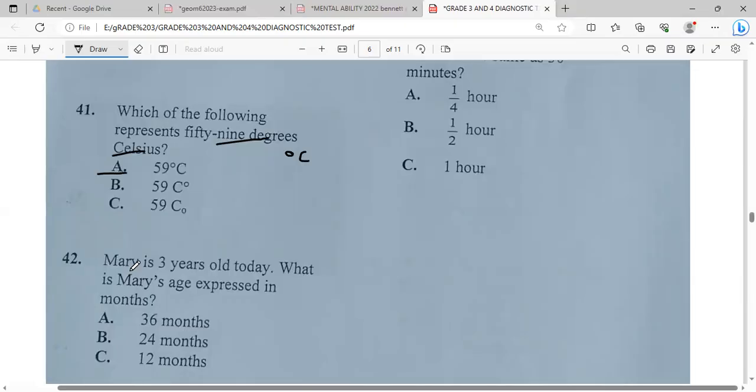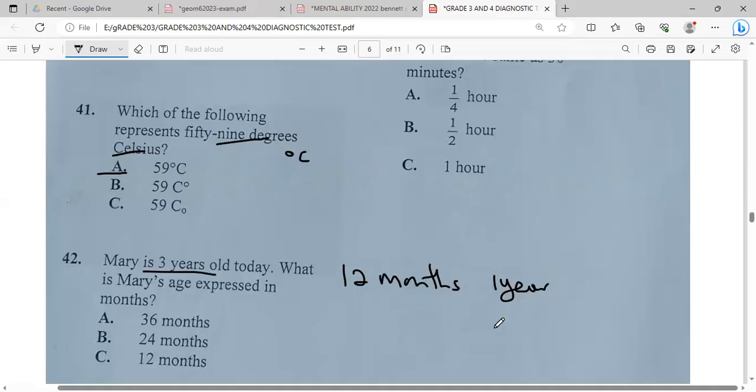All right, Mary is 3 years old today. What is Mary's age expressed in months? All right, so 3 years. No, it takes 12 months to make 1 year. So if you live for 12 months, you only live for 1 year. So let's put it around.